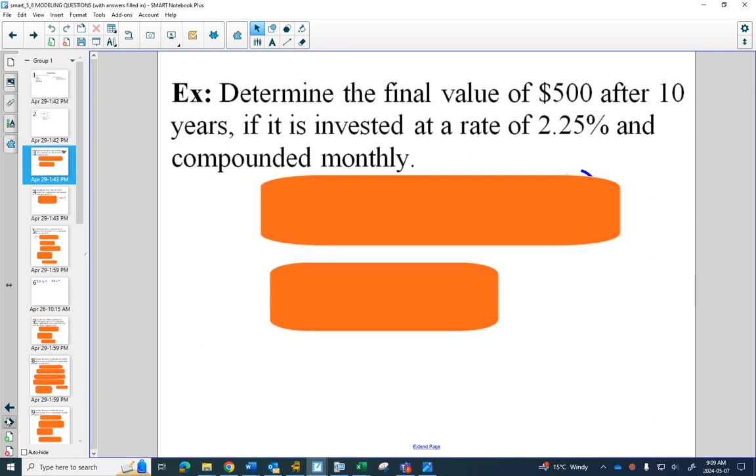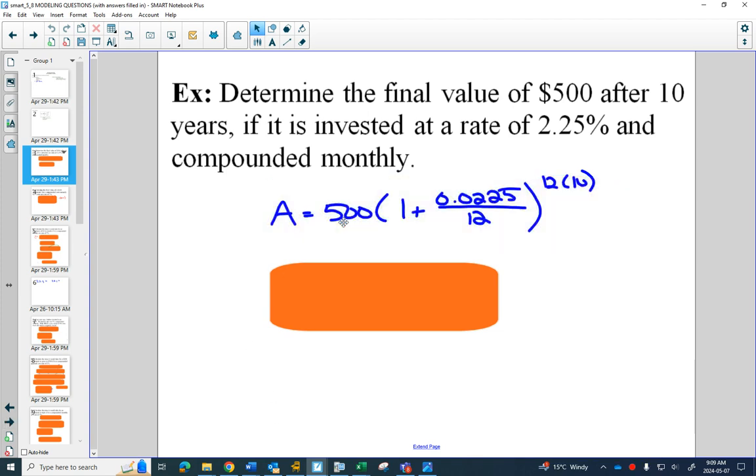So here, I would like you to look at that formula and just plug the numbers in where you think they belong. I'll put the answer up in a second. So check how you did. Did you put the 2.25% in as a decimal?